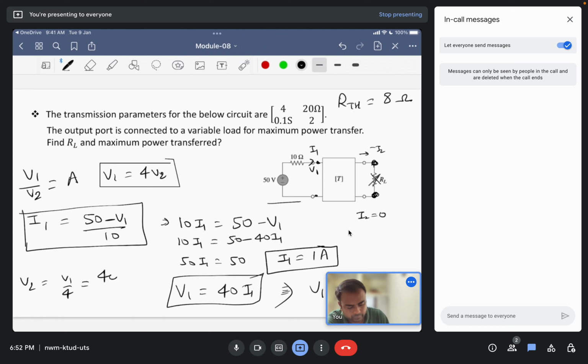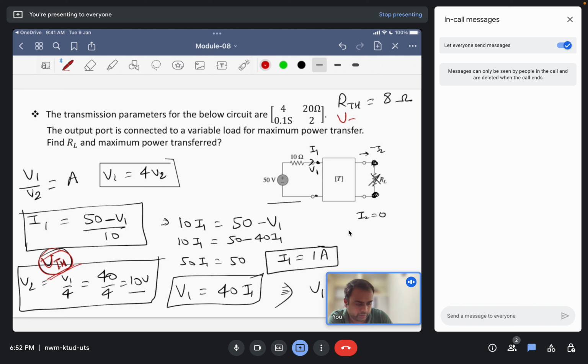So 40 by 4 is 10 volts. So V2 is 10 volt and V2 is our Thevenin's voltage VTH. So now we have VTH 10 volts.